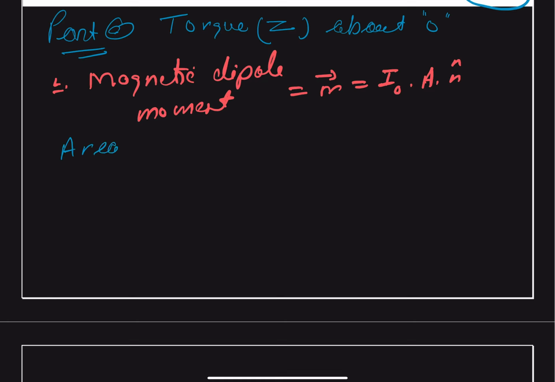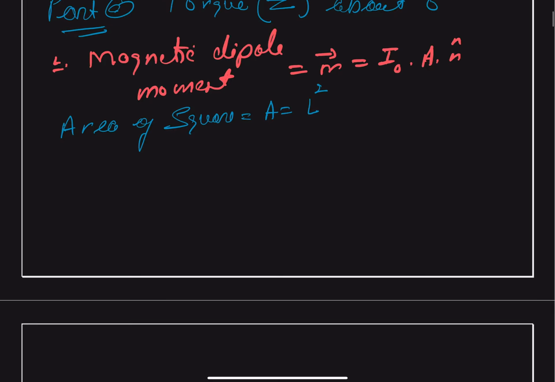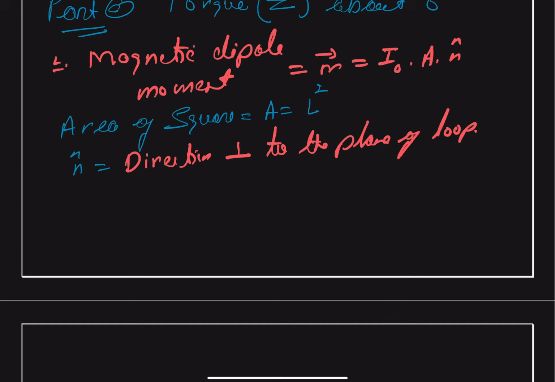So we have area of square, which is represented as A and will be equal to L square, and our unit vector n represents the direction perpendicular to the plane of the loop.